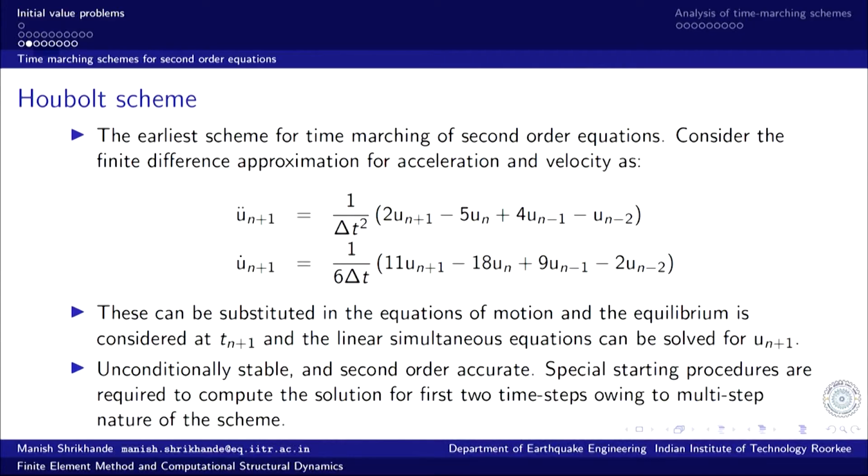And this is unconditionally stable and second order accurate, and special starting procedures are required to compute the solution for its first 2 time steps owing to its multi-step nature, because it goes 3 steps back in time. We need to compute the solution for at least 2 steps using some other technique, for example backward Euler or Runge-Kutta.